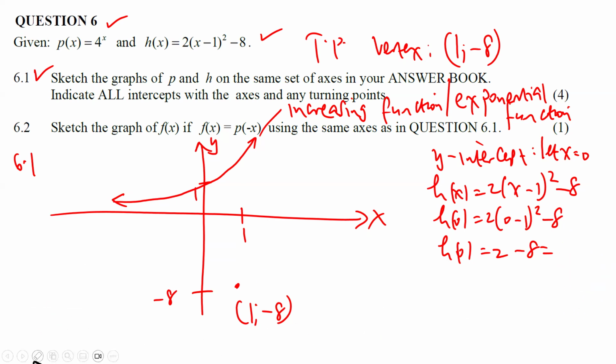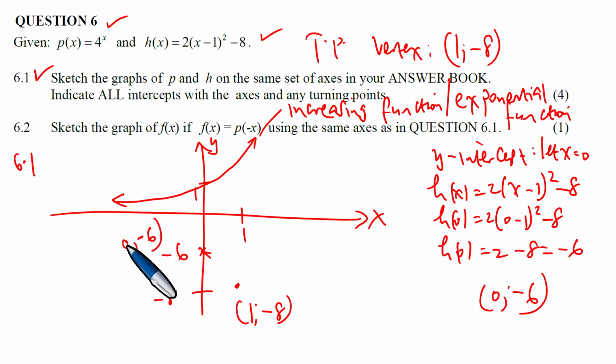Pay particular attention because you have a minus 6 here, and this is the y-intercept. When x is 0, y is minus 6. So it's going to be cutting through minus 6 here, which is 0 and minus 6.